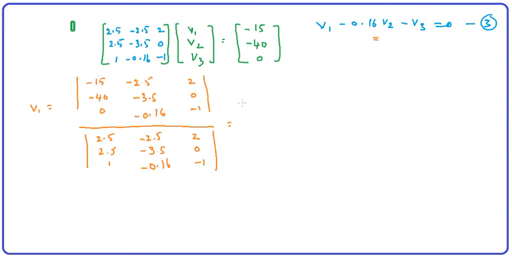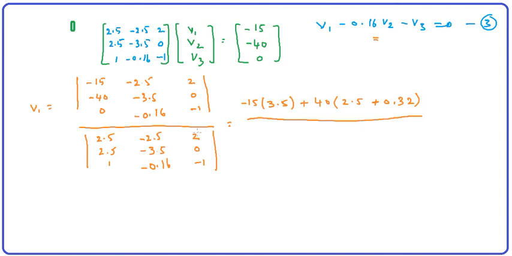Minus 15 into, so minus of minus is plus, 3.5 into 1 is 3.5. Minus minus 0.16 into 0 is 0, so no need to worry about that. And next, minus of minus 40 is plus 40 into minus 2.5 into minus 1, which is 2.5, minus minus of minus, so plus 0.16 into 2 is 0.32, divided by, of course 0 into something is always 0.